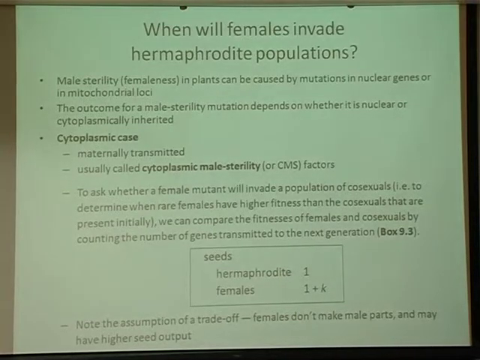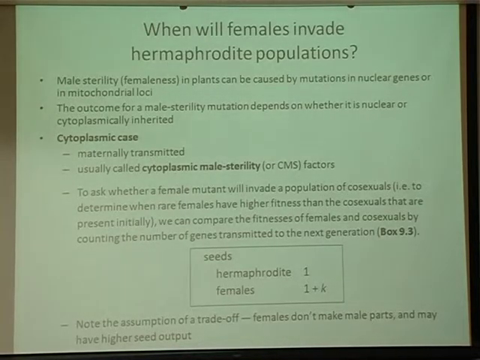These are extremely important in agriculture, where you want to make male sterile individuals of a co-sexual species because you want to breed hybrids and you don't want them to self-fertilize or have any of their own pollen on there. If they're male sterile, it enables you to put the pollen on from another strain that you want to make hybrids. That's how hybrid corn is bred, for example.